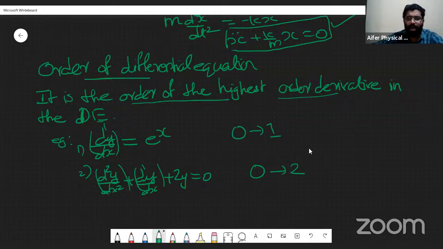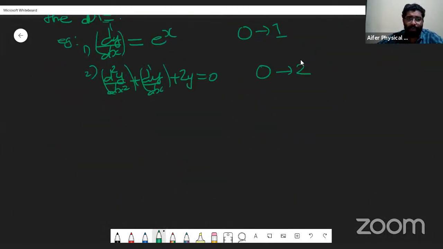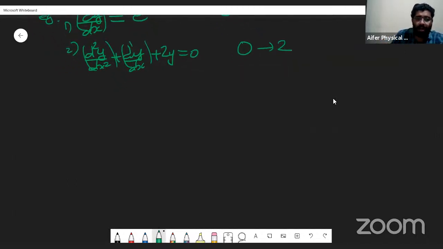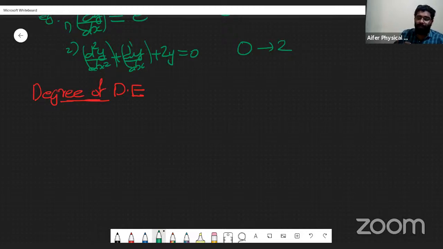Okay, I hope that concept of order is clear for you, right? Now, we are introducing a new concept called degree of differential equation. Before introducing degree, I would like to say not all differential equations have a degree defined.